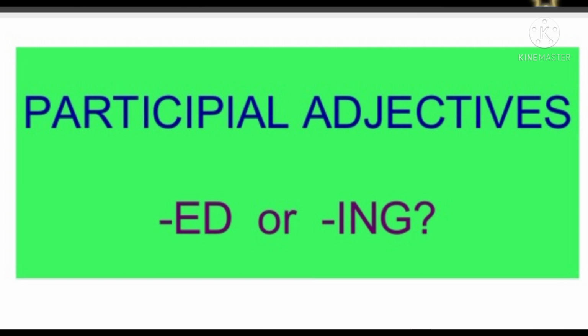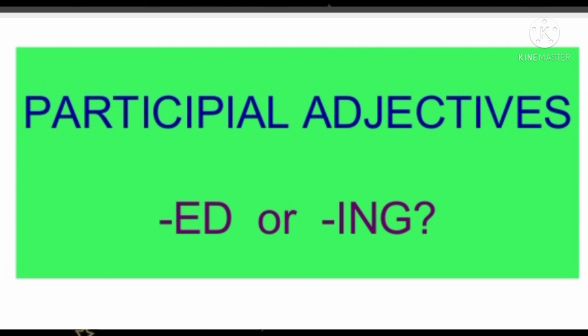What is a participle? That is the third form of a verb. For example, each verb has a third form. Read, read, read. The last read is called the participle form, that is, the past participle.